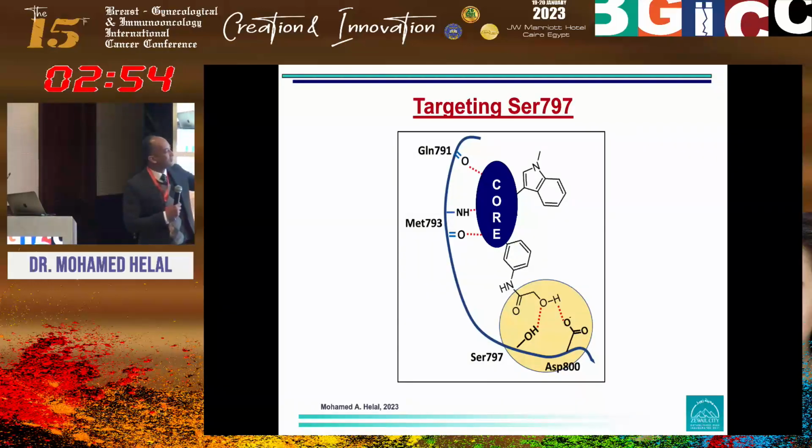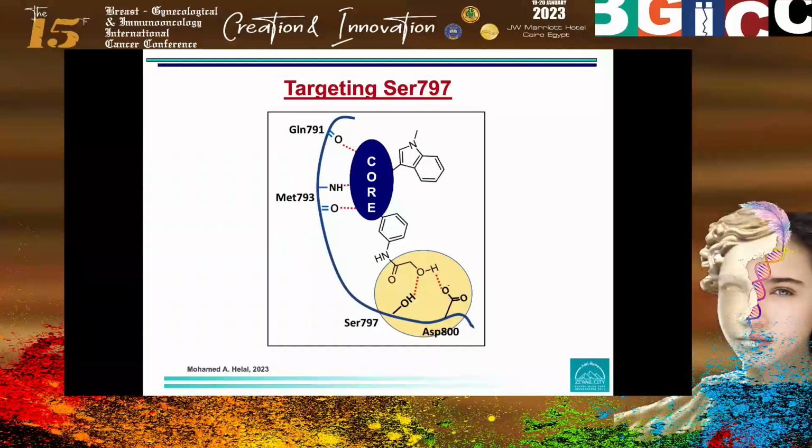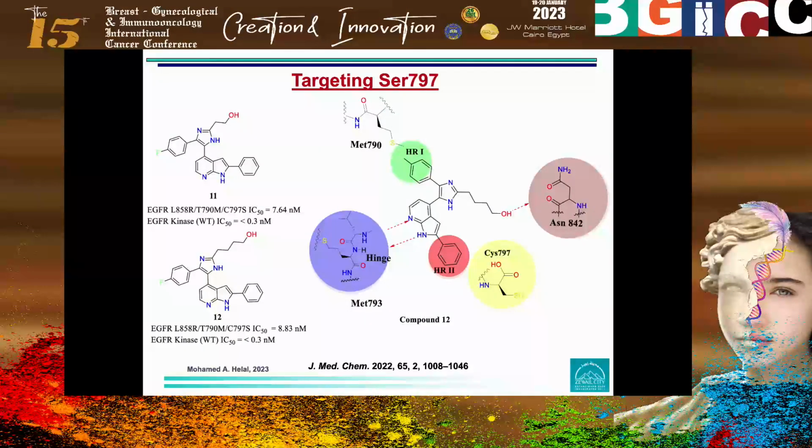We can shift our interest to serine 797 by installing hydrogen bonding groups to bind with serine and the nearby aspartic acid instead of cysteine. We don't need the acrylamide anymore, so we can use just hydrogen bonding groups. And we can also target other polar groups by hydrogen bond or ionic bond on the perimeter of the ATP binding site, and leave the cysteine alone or the serine alone. But again, these compounds lost the selectivity against the wild type.